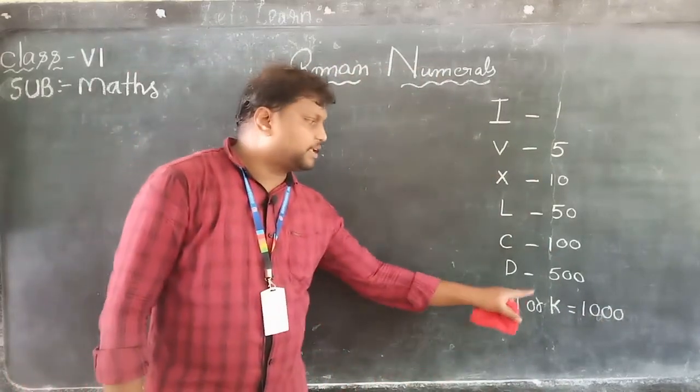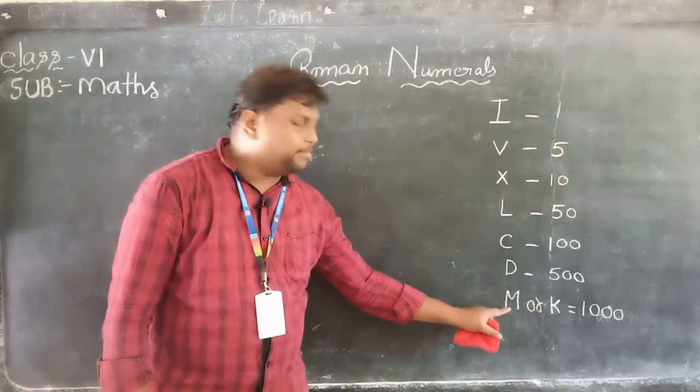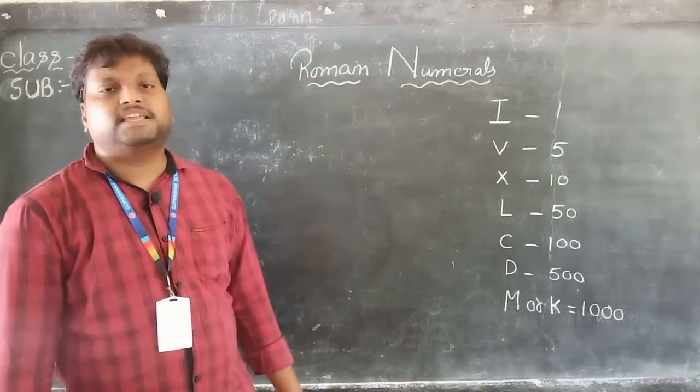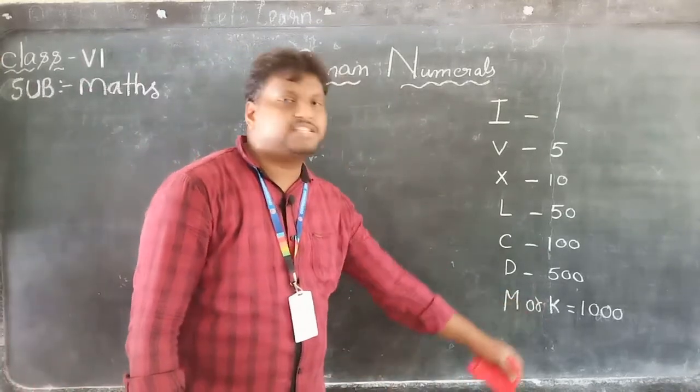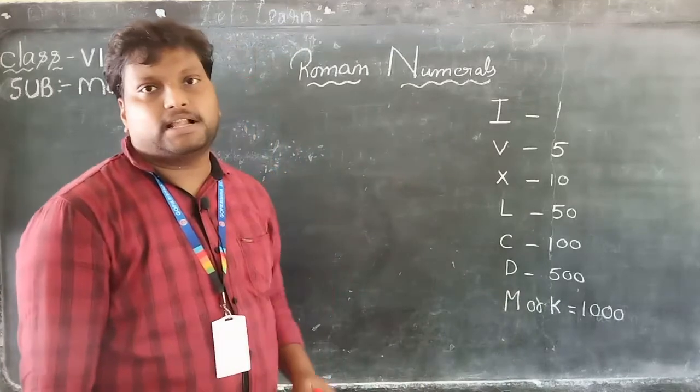Mostly we use M for 1000, but why K? K means kilo, and kilo is nothing but 1000. That's why in some cases we use K also.